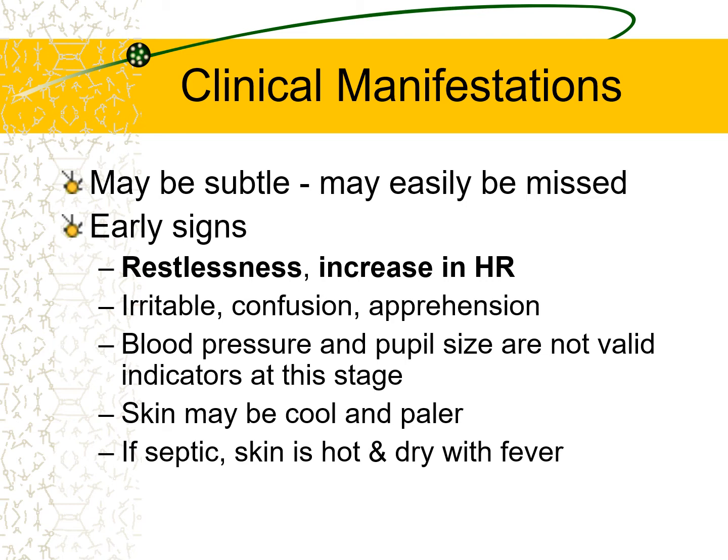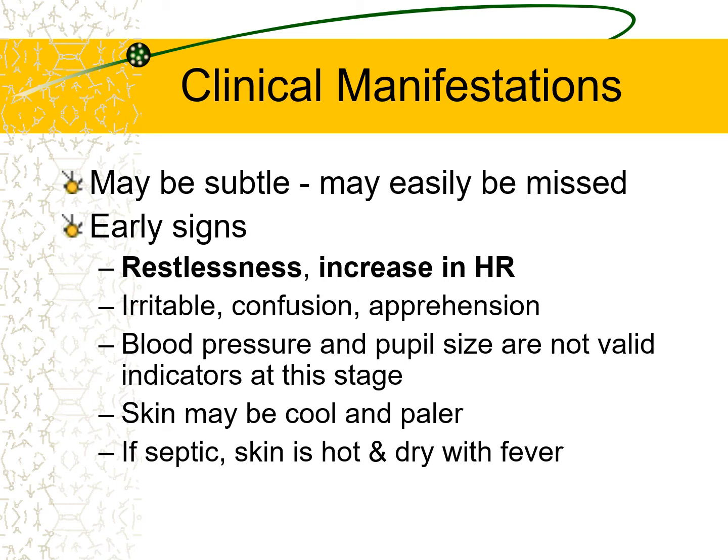Blood pressure is not a reliable indicator at this stage. Do you understand that we're not going to see those significant drops in blood pressure that would alert the nurse to shock? And the reason is because the body is compensating. It's working overtime with all of those changes we mentioned to keep the blood pressure elevated.